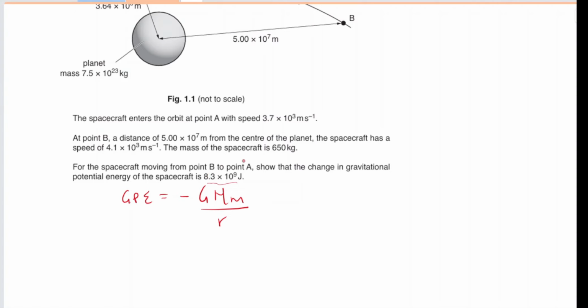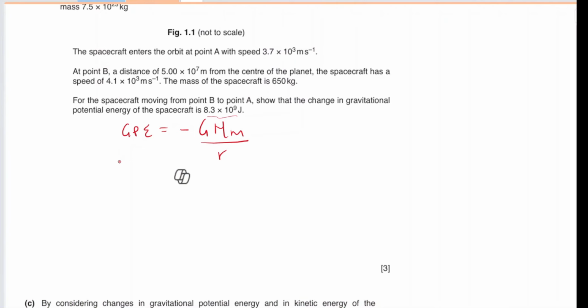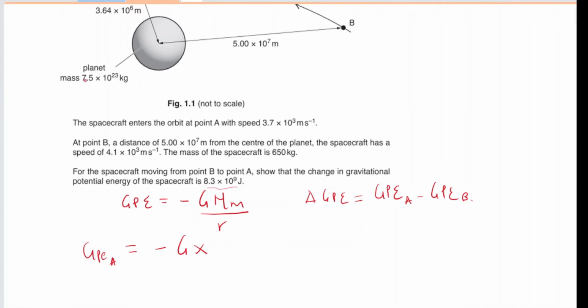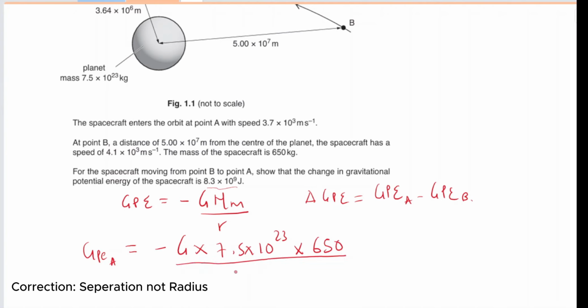So you will have to do GPE at A minus GPE at B. So the change in GPE equals GPE at A minus GPE at B. Okay, and GPE at A equals negative G times, the mass will be 7.5 times 10 power 23 because that's what's given here, times the smaller mass will be 650 divided by the radius, which is 5 times 10 power 7. So this will be the GPE at A.